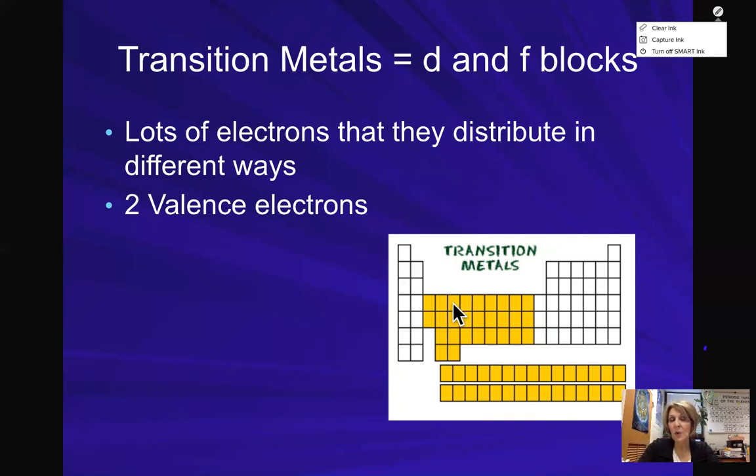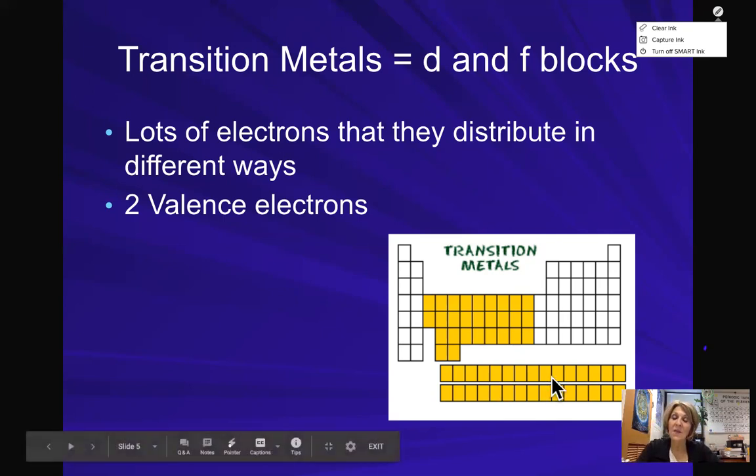And so the transition metals and these metals down here are always going to have 2 valence electrons, but because the d energy orbitals and the f energy orbitals for the electrons are so close together, sometimes the electrons jump back and forth.